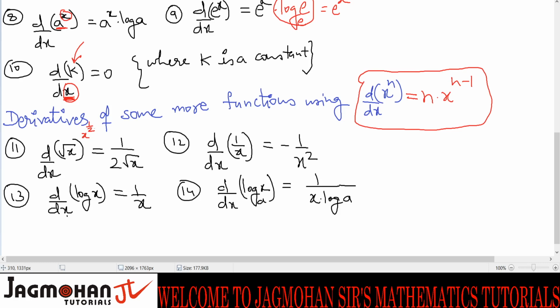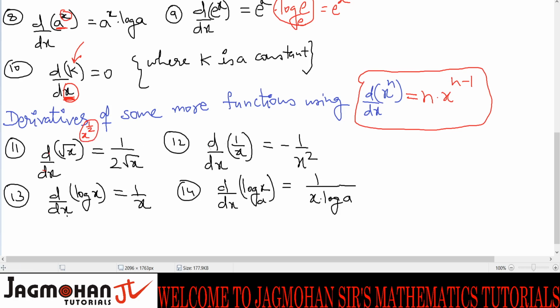So x raised to half here is variable raised to constant, so I will get half x raised to half minus 1, which you simplify. So when you have d by dx of root x, you will write directly 1 upon 2 root x. No need to write x raised to half and then go in detail.